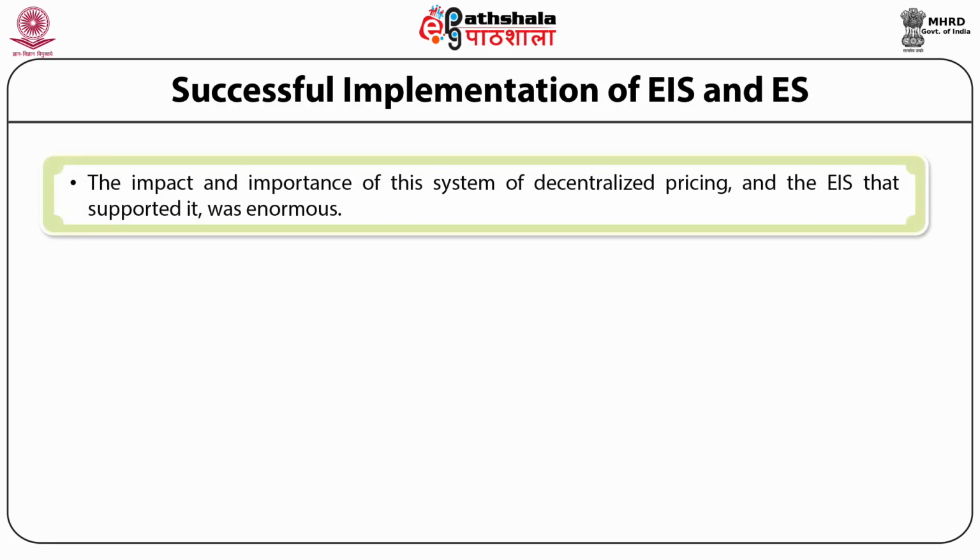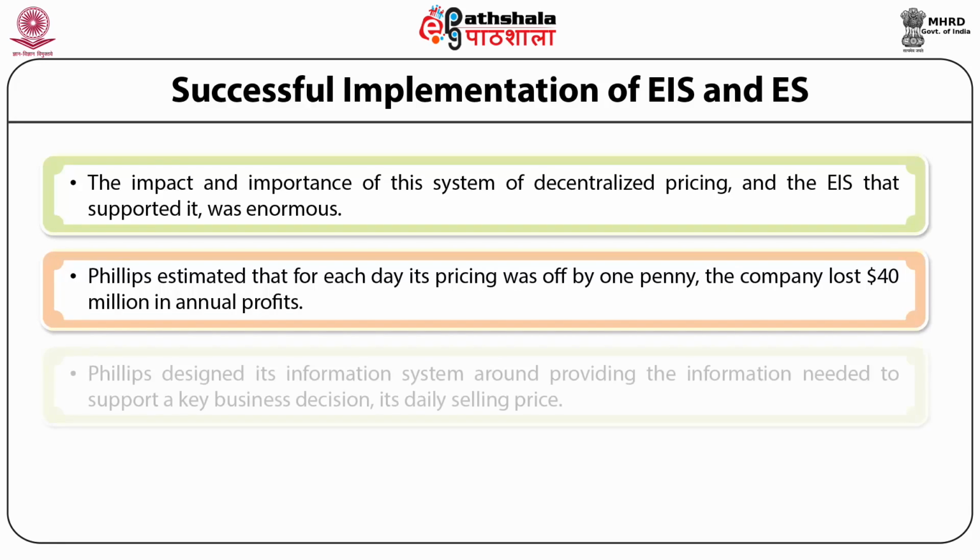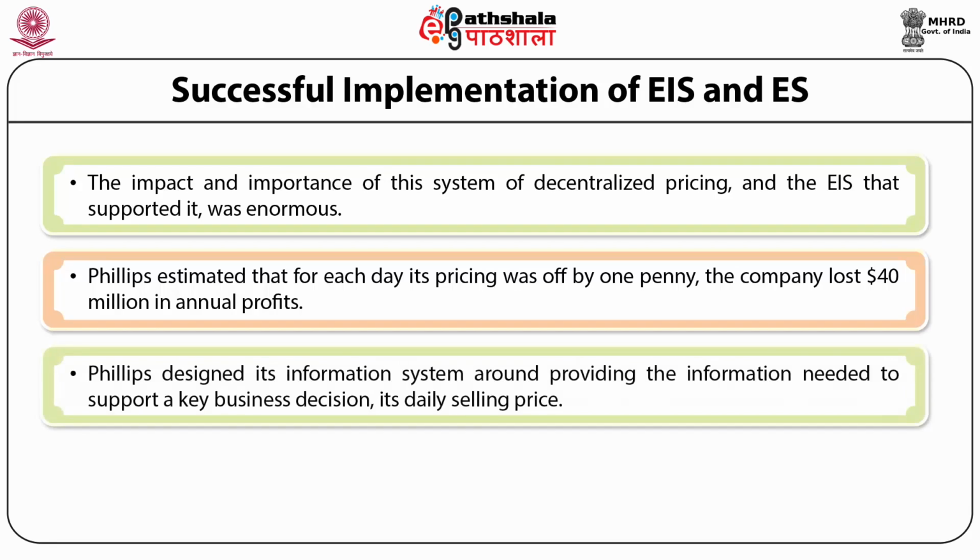The impact and importance of the system and the EIS that supported it was enormous. Philips estimated that for each day its pricing was off by 1 penny, the company lost $40 million in annual profits. Philips designed its information system around providing the information to support key business decisions.